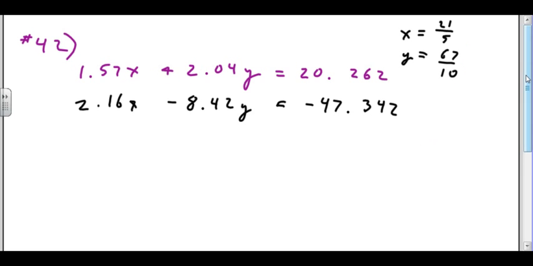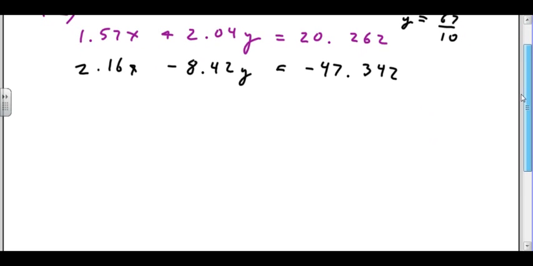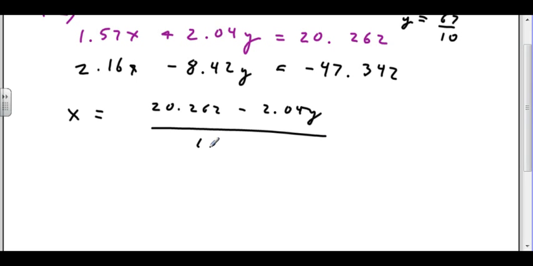Okay, well, I probably aren't going to use addition or subtraction, so I'm going to solve for x. X is equal to 20.262 minus 2.04y divided by 1.57.